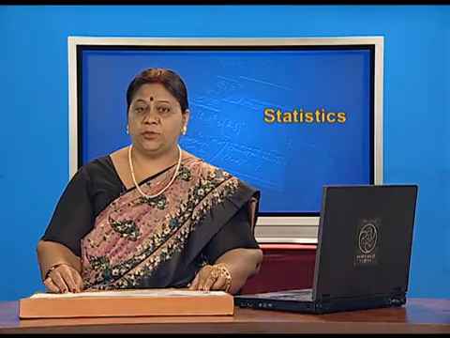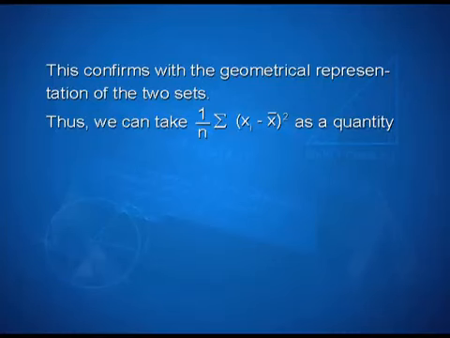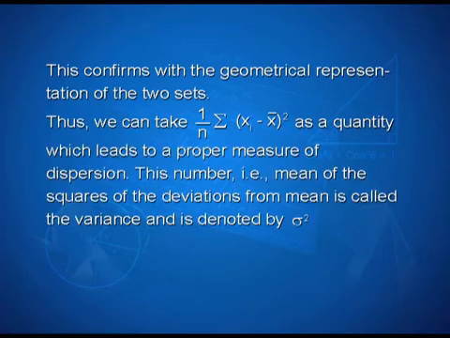This indicates that the scatter or dispersion is more in set A than the scatter or dispersion in set B. This conforms with the geometrical representation of the two sets. Thus, we can take 1 upon n into the summation of (xi minus x bar) whole square as a quantity which leads to a proper measure of dispersion.